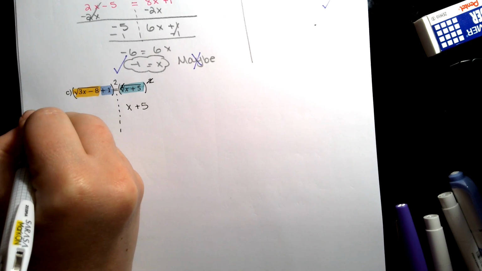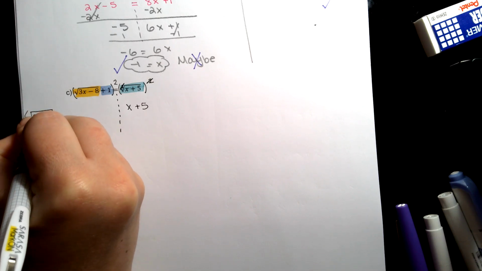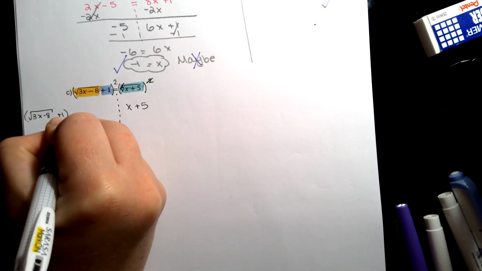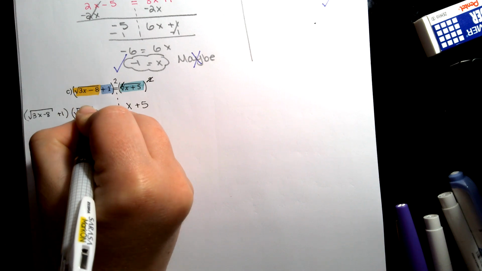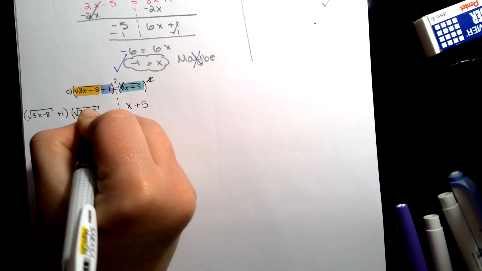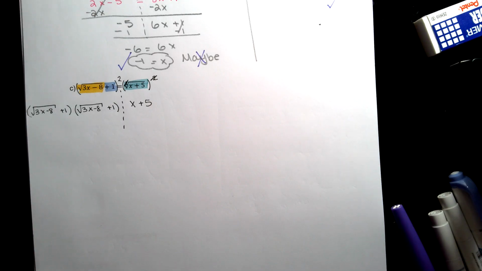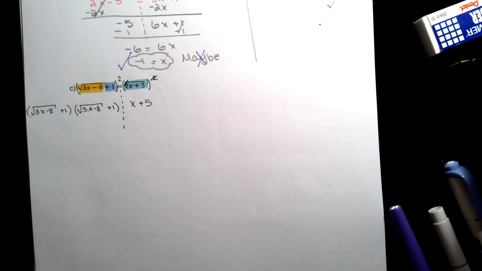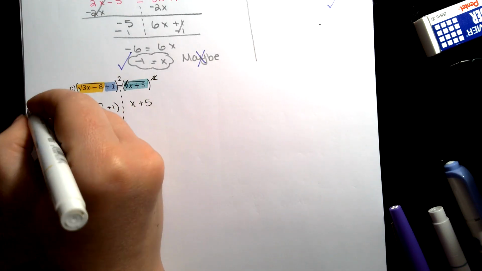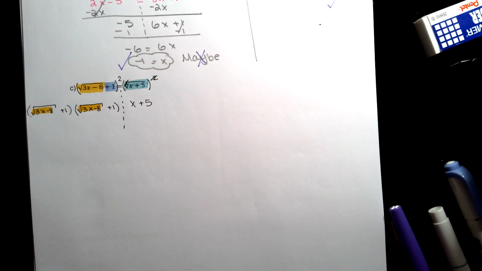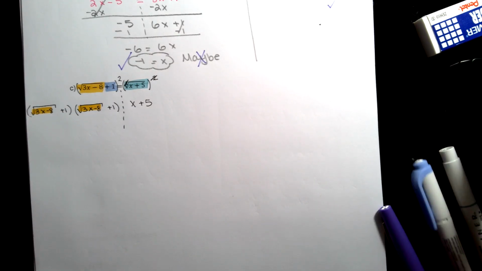So we have to expand by writing this out twice, 3x minus 8 plus 1 times the square root of 3x minus 8 plus 1. So we have two things happening. We have our 3x minus 8 square rooted. And we have our plus 1.